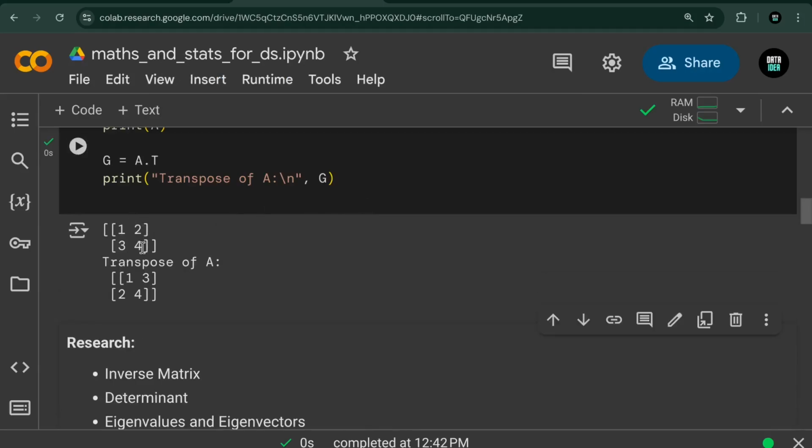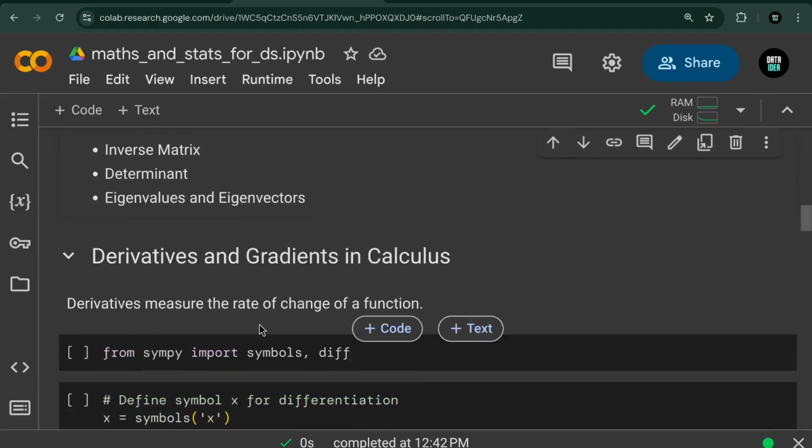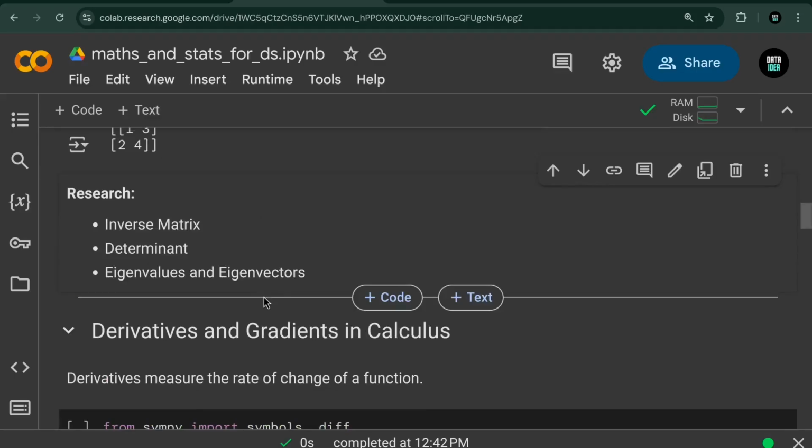We can see that in the first part we have 1, 3 and 2, 4 as our columns, and after transposing we have 1 and 3 as row 1, and then 2, 4 as row 2. Now they are swapped. Again, I can't cover everything in this particular part, but you can search about say the inverse of a matrix, the determinant of a matrix, and then you can search about eigenvalues and eigenvectors.